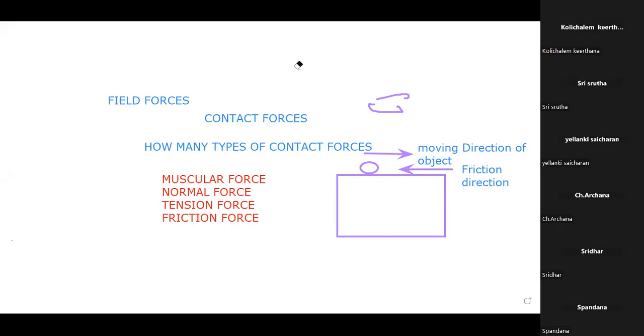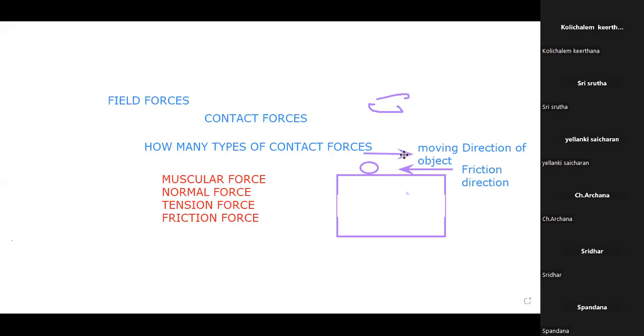This is the opposite direction of the motion. So the direction of friction is this direction. So this is the friction direction and this is the motion.